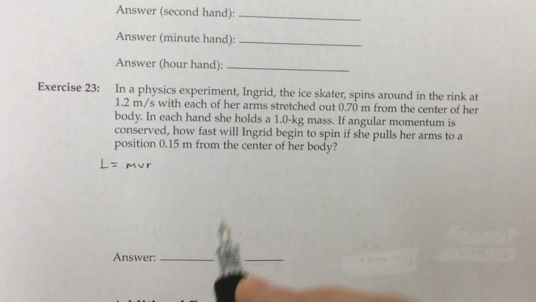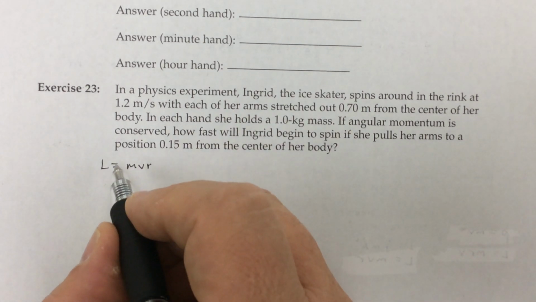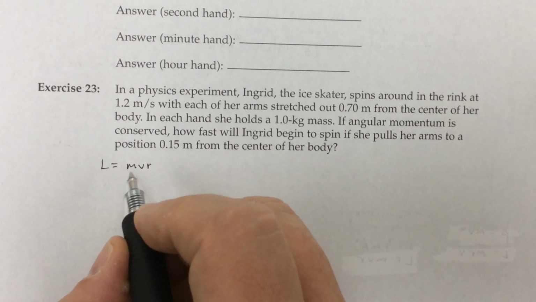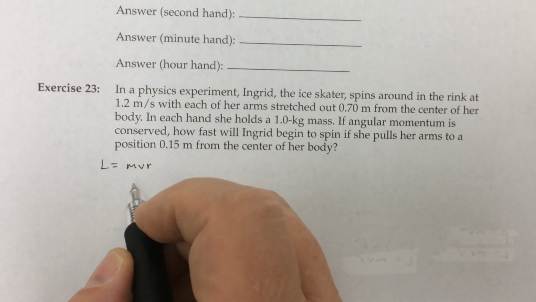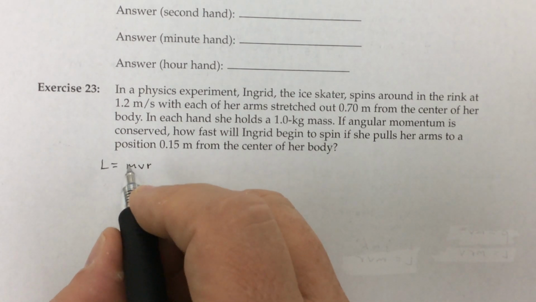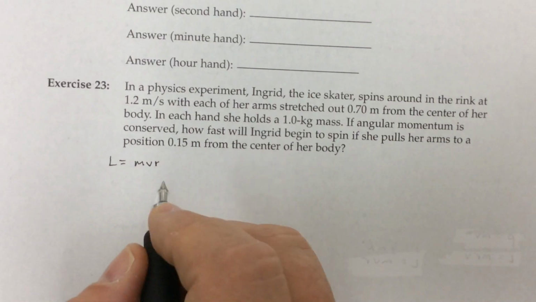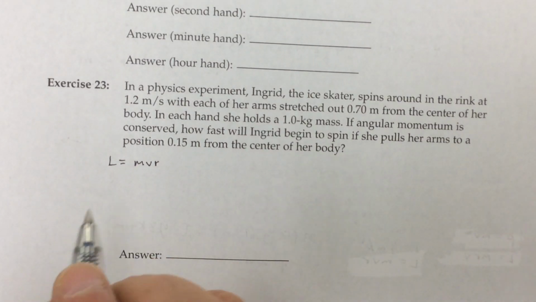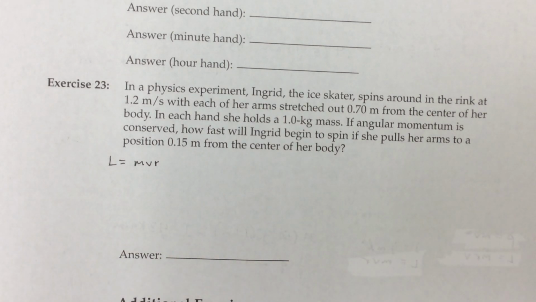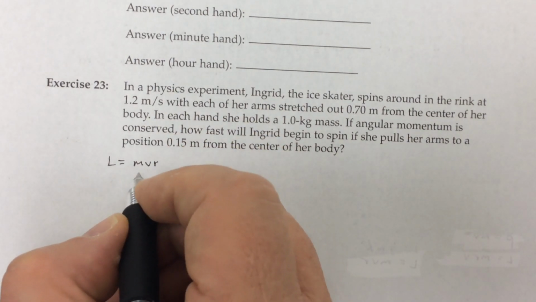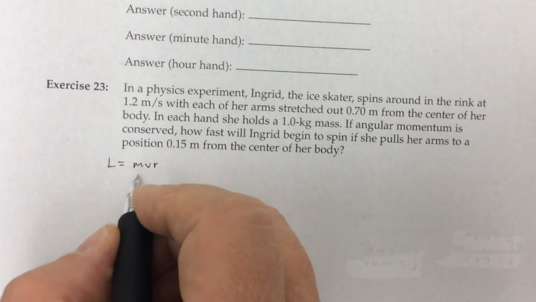This is a great question. I like this question. First of all, you know the angular momentum has to do with how much mass and where that mass is. So you've got 2 kilograms of mass, so you're not really interested in her body because her body is going to be the same in both times. The only thing that's different is where those kilogram weights are.